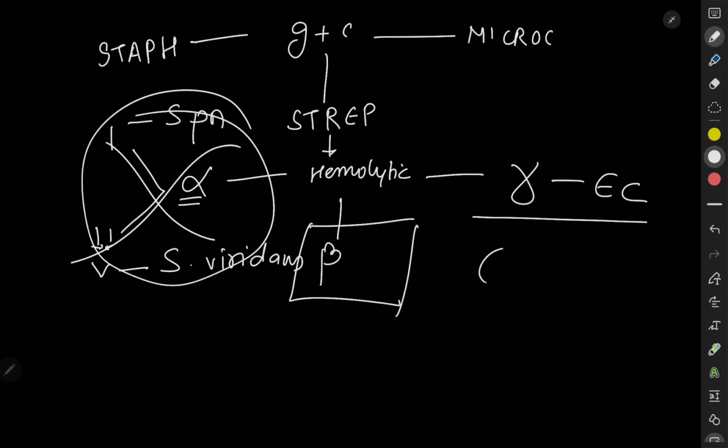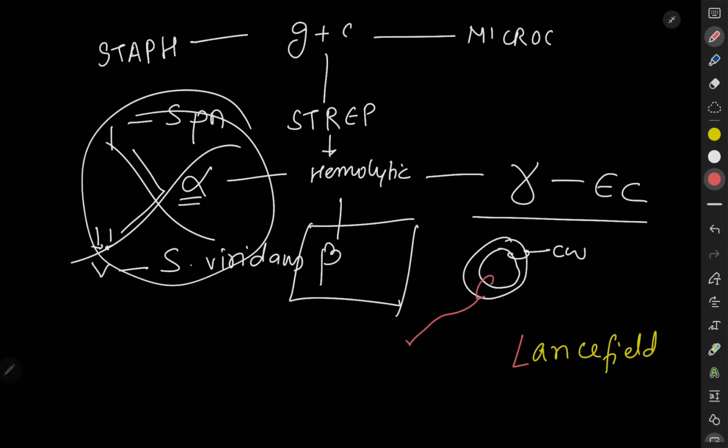Now, this is a beta hemolytic streptococci. It has a cell wall, right? And there was this person, Lancefield. This person took out by a process one antigen from this cell wall called the C antigen, right?